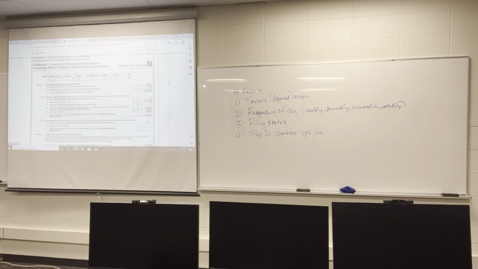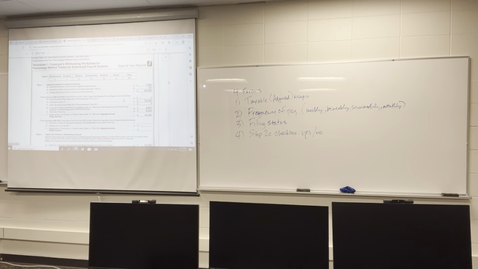First part here is just determining what that adjusted wage amount is. So in order to arrive at the first factor, it asks you for the employee's taxable wages in this payroll period, and then how many payroll periods there are in a year to get the annual wages.